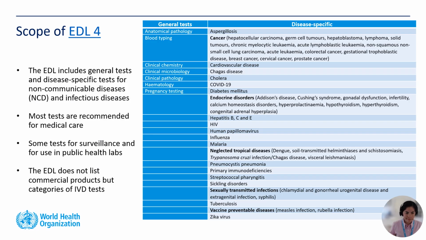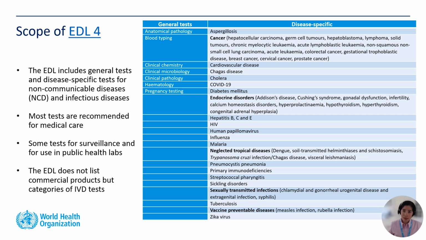Before advancing my presentation, I just would like to clarify what I mean by IVD categories. As you know, IVD tests can be available in different assay formats. For example, let's take antibodies anti-HIV 1 and 2 as an example.